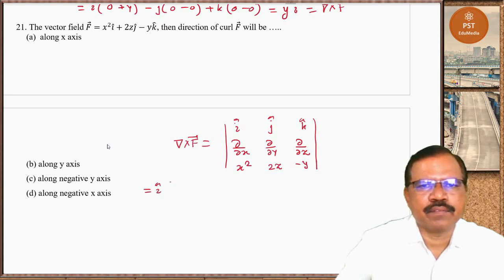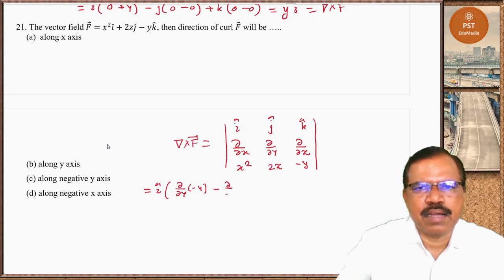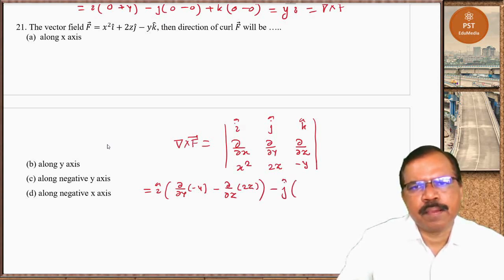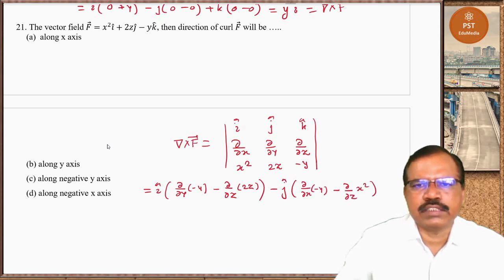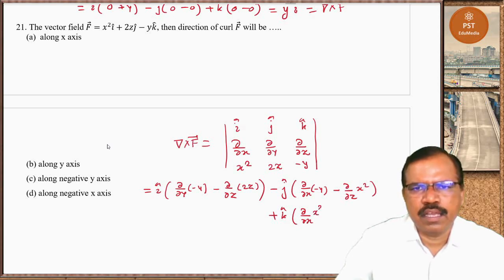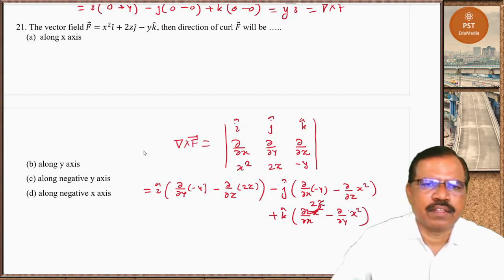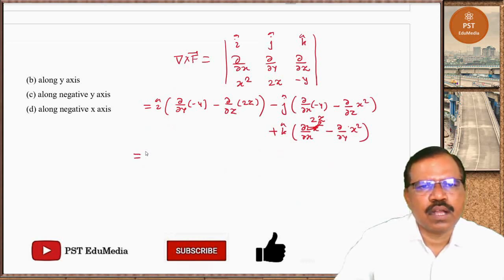So we get here i, partial with respect to y of minus 1 minus partial with respect to z of 2z, minus j, partial with respect to x of minus y minus partial with respect to z of x square, plus k, partial with respect to x of 2z minus partial with respect to y of x square.